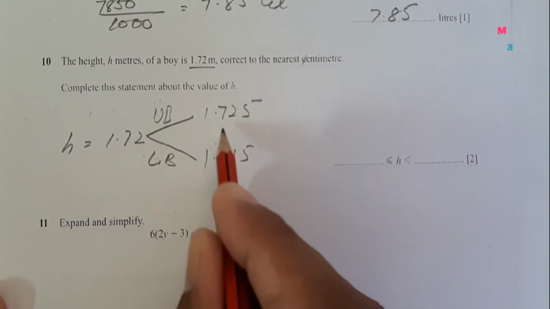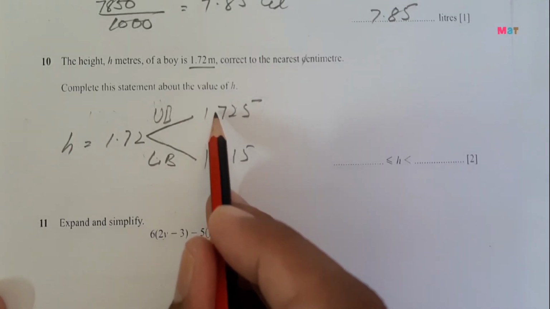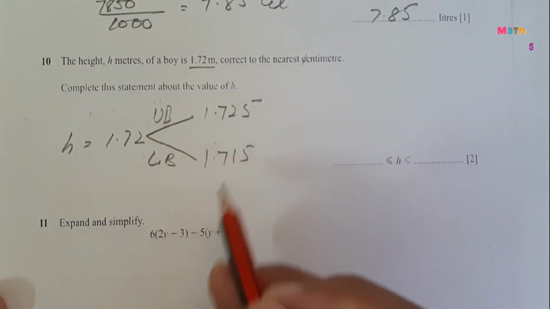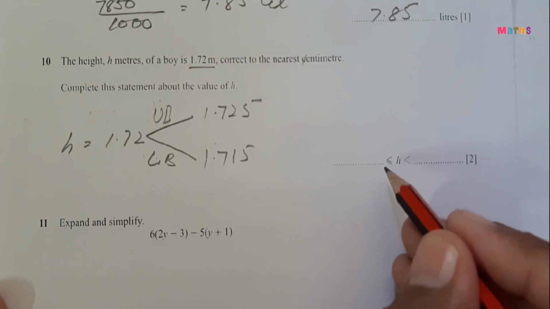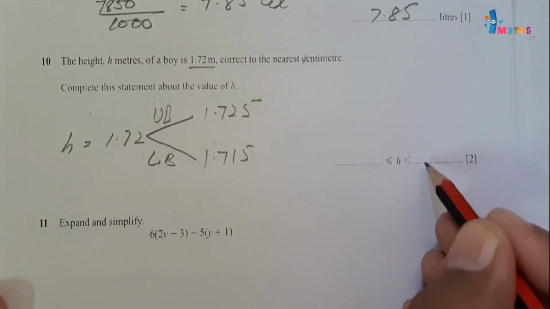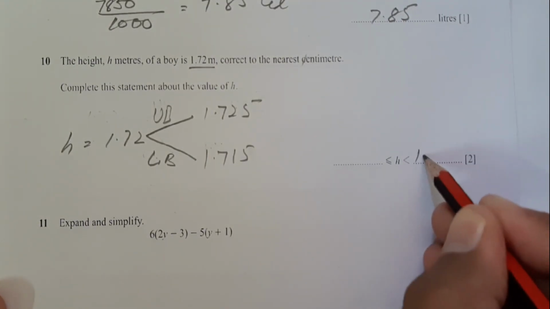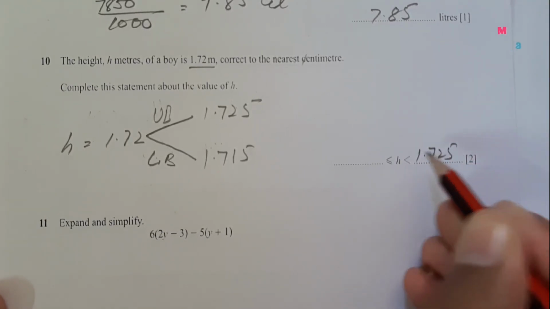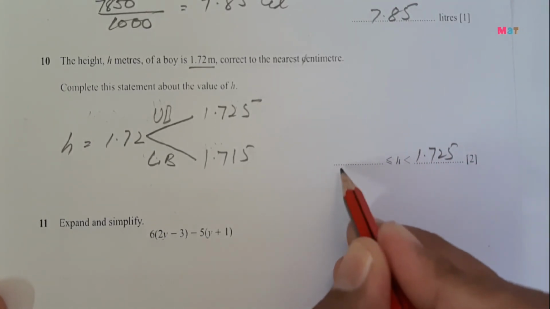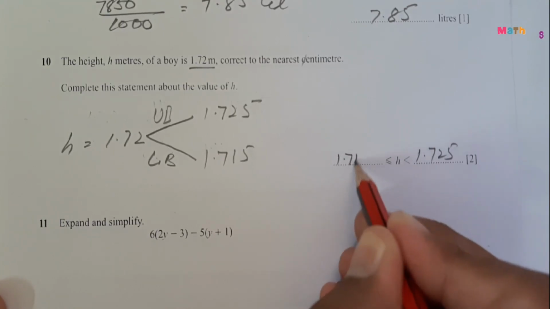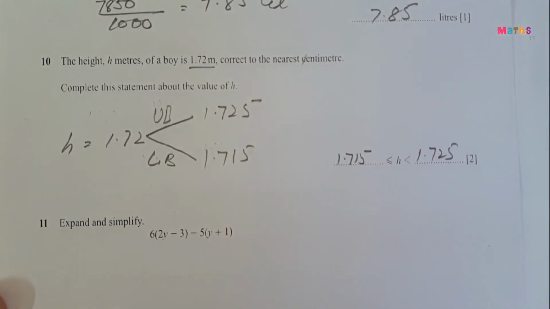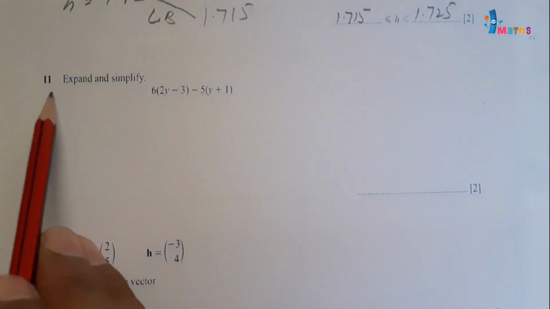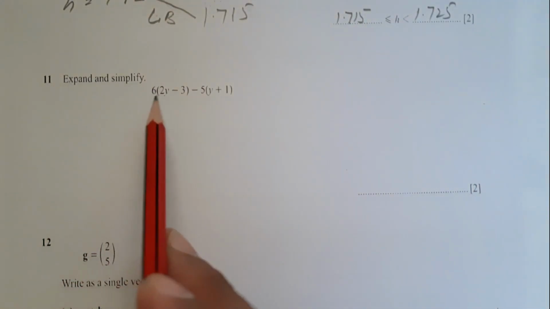So plus minus 0.005. We will get the upper and lower bound, and the answer we will write: h is less than 1.725 and h is greater than or equal to 1.715.